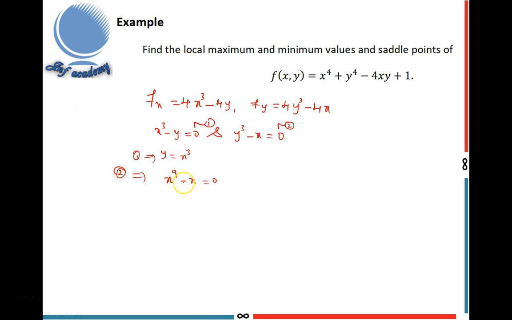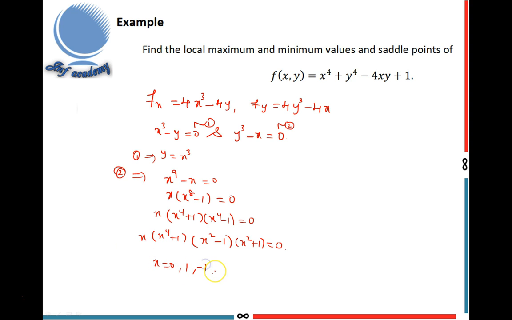That is x(x⁸ − 1) = 0, that is x(x⁴ + 1)(x⁴ − 1) = 0. Next, x(x⁴ + 1)(x² − 1)(x² + 1) = 0. So these three are real roots, that is x = 0, 1 and −1.